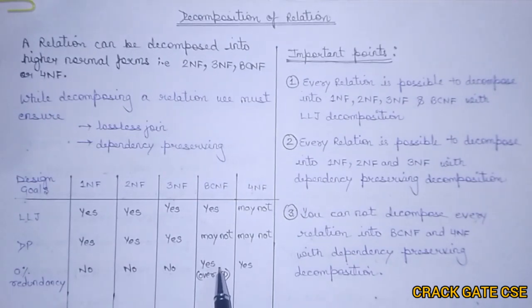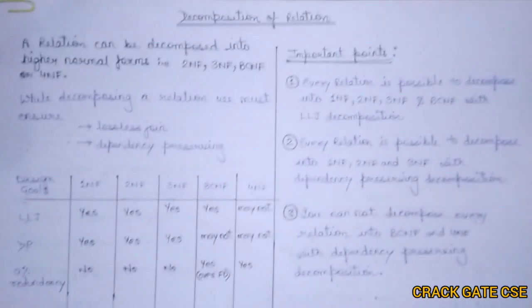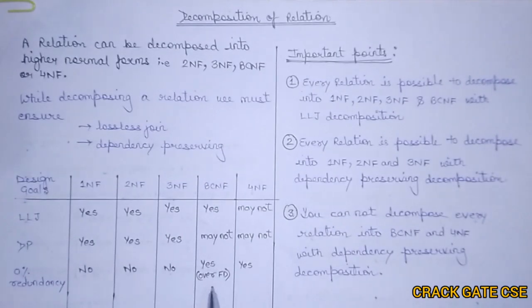0% redundancy: yes, here 0% redundancy is possible if you are dealing with single valued functional dependency. But if you talk about multi-valued dependency, then it is not possible here.